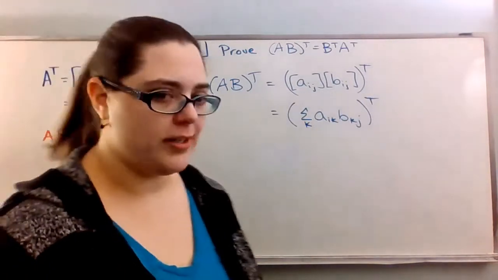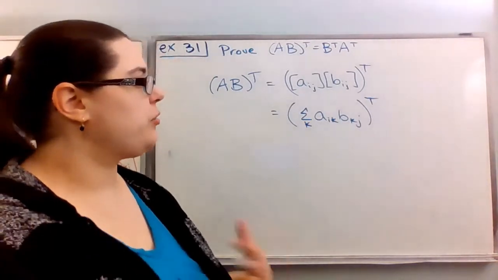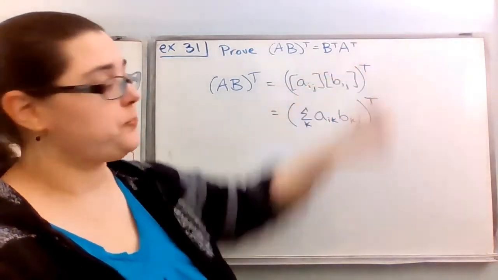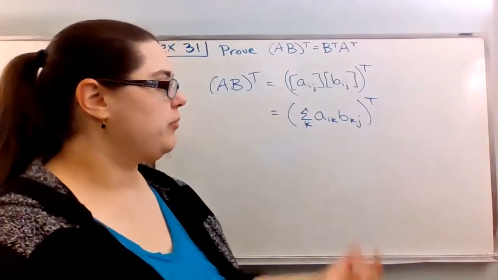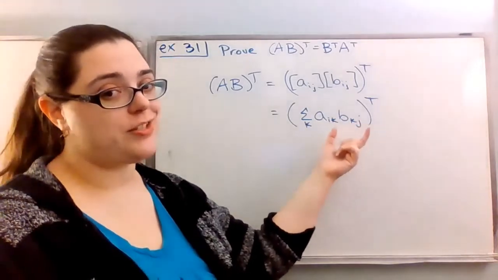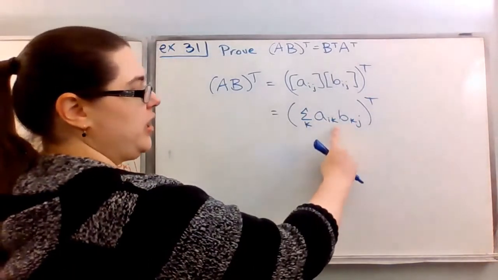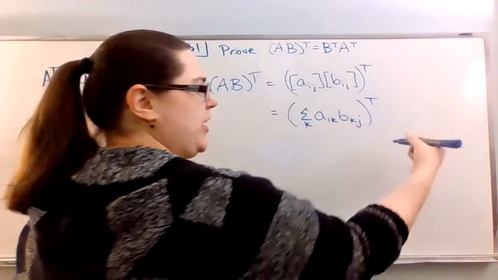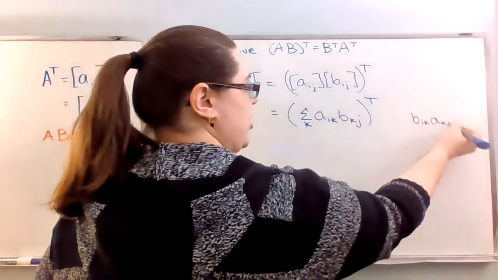Now, at this point, I'm thinking, okay, so ultimately, I know that I need B times A, right? That's what I'm trying to get to. So in my path to that, if I'm going to have that sum here, this order is important because multiplication is not commutative. So I know that instead of Aik Bkj, what I'm going to try and get to is something like Bik Akj, right?